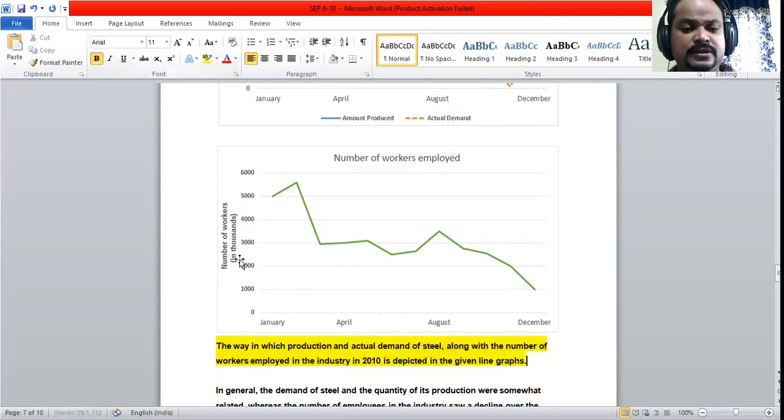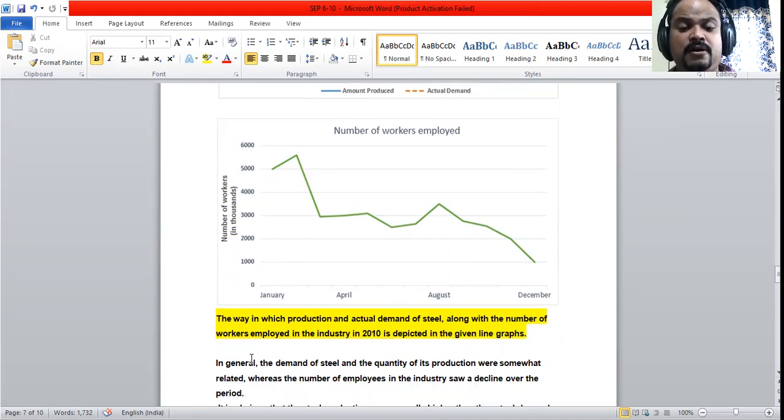The introduction is like this: the way in which the production and actual demand of steel along with the number of workers employed in the industry in 2010 is depicted in the given line graph. So we are going with the editing here. The production, I don't need the phrase "the way in which" here.